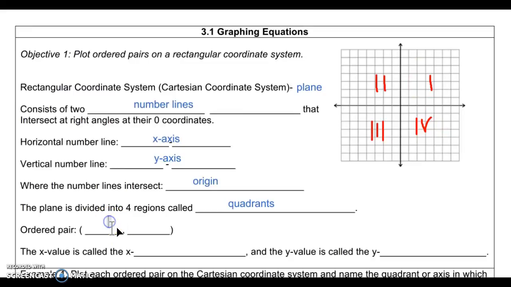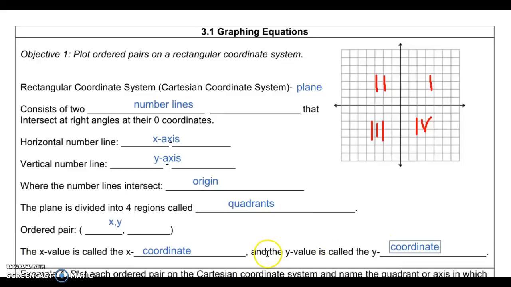And we refer to each location within this coordinate system by an ordered pair, which has an x value and a y value, and we call it the ordered pair x comma y. The x value is referred to as the x coordinate, and the y value is referred to as the y coordinate.